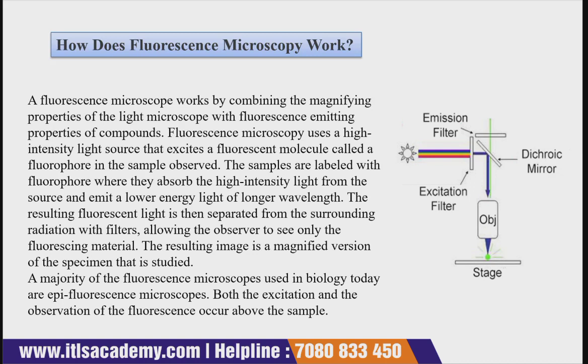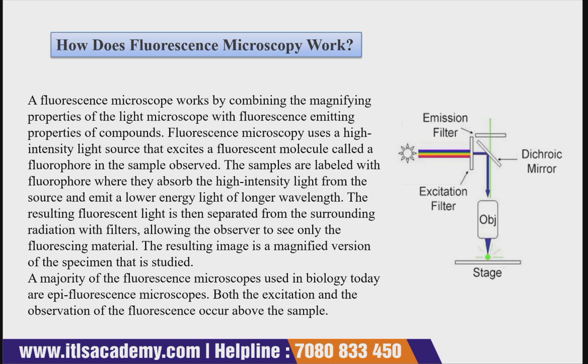They absorb the high intensity light from the source, and they emit a lower energy light of a longer wavelength. The resulting fluorescent light is then separated from the surrounding radiation with filters, allowing the observer to see only the fluorescing material.